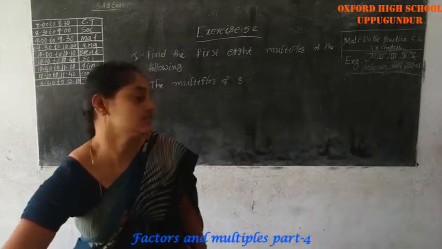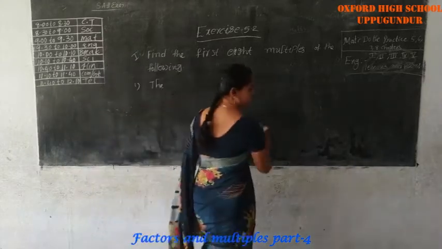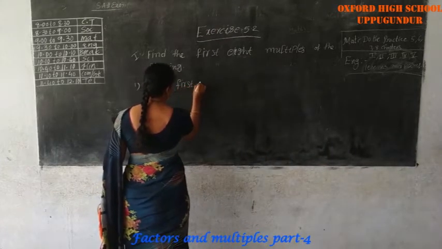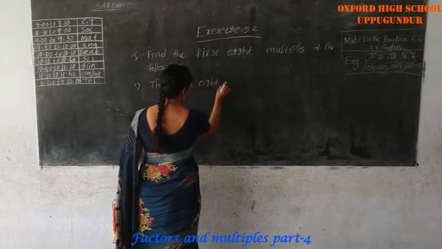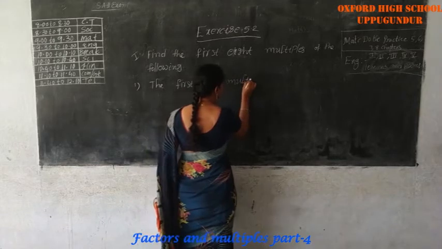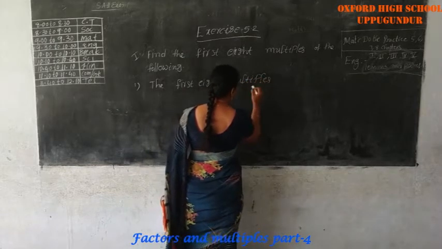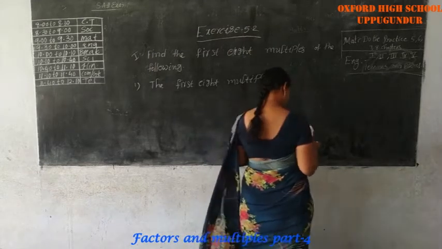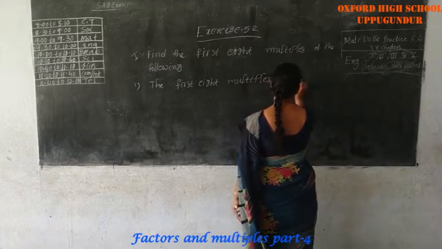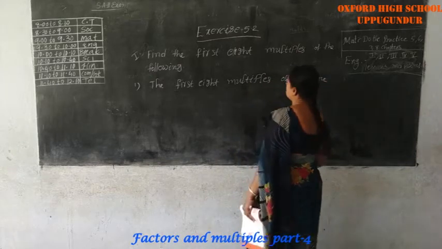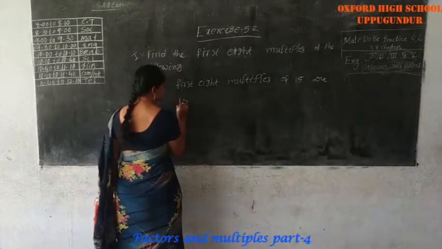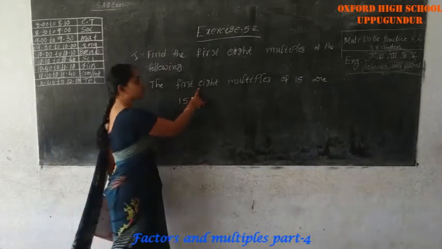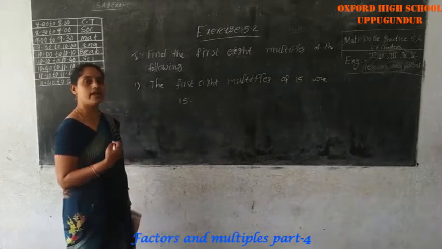The first 8 multiples of 15. First 8 multiples of 15, the 8 multiples.